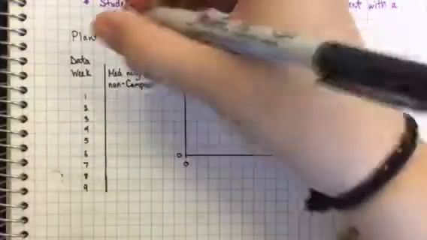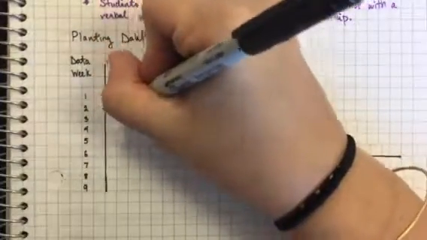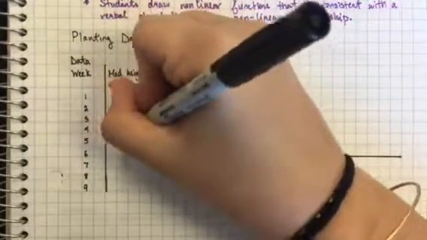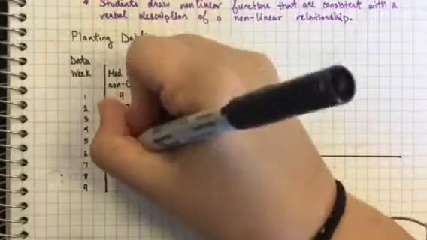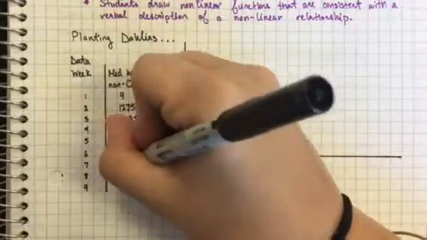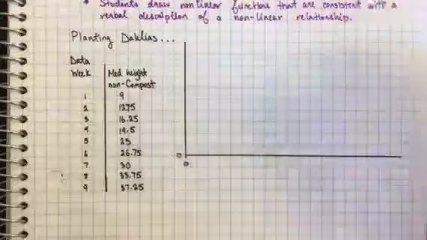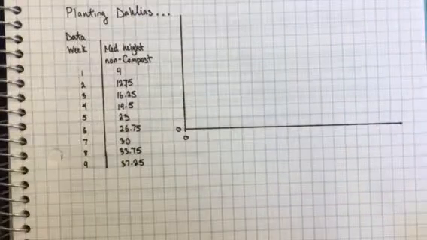So my weeks are going to go from 1 to 9, and then my heights go 9, 12.75, 16.25, 19.5, 23, 26.75, 30, 33.75, and 37.25.